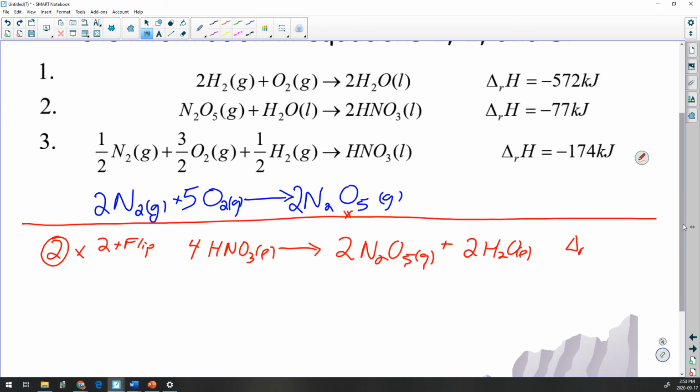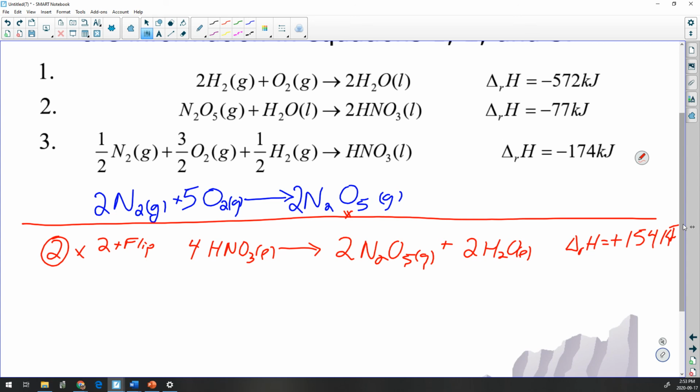My delta H is going to be positive 154 kilojoules. As I flipped it, hence the positive, negative becoming a positive and doubling it.